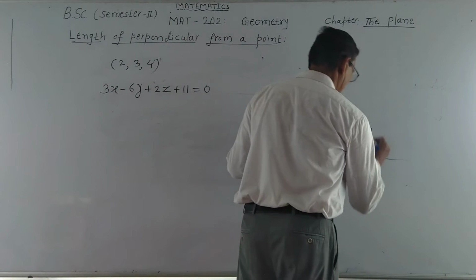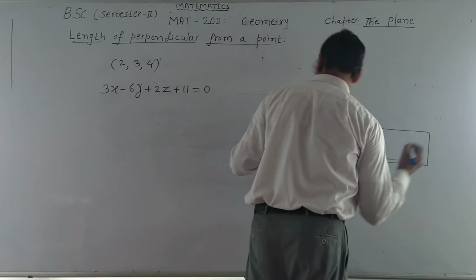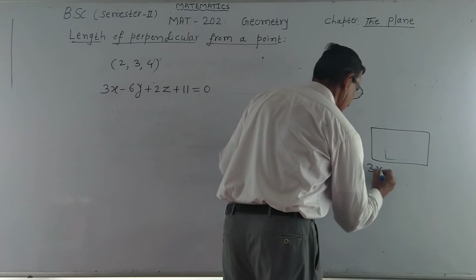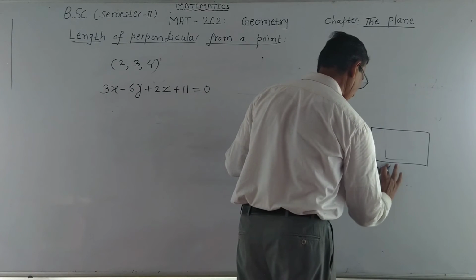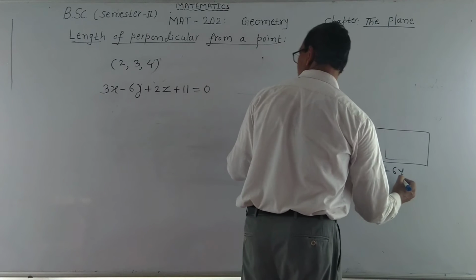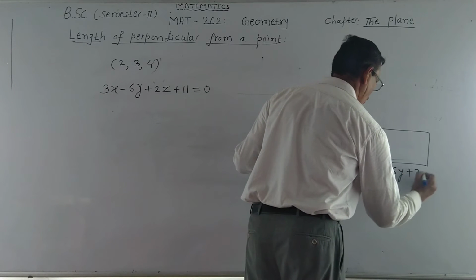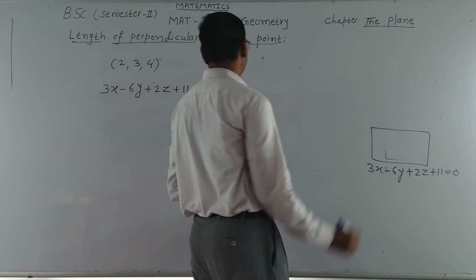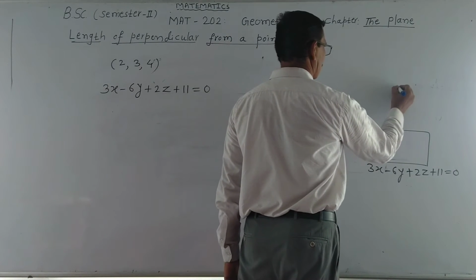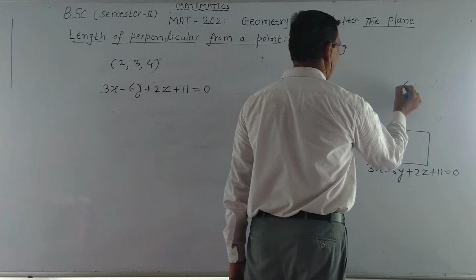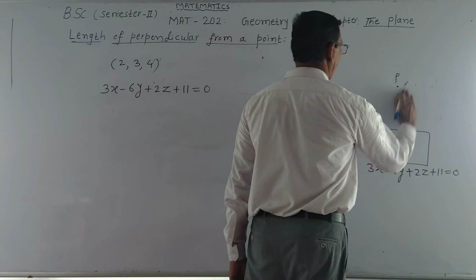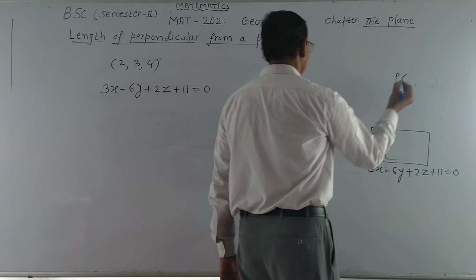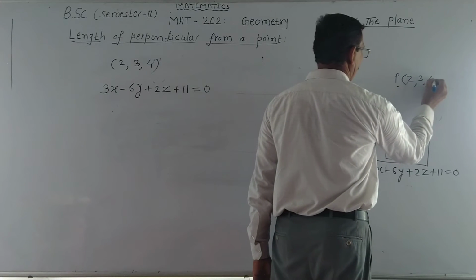Suppose this is a plane whose equation is given as 3x minus 6y plus 2z plus 11 is equal to 0, and one point is given. Suppose this point is represented by P, whose coordinates are 2, 3, 4.